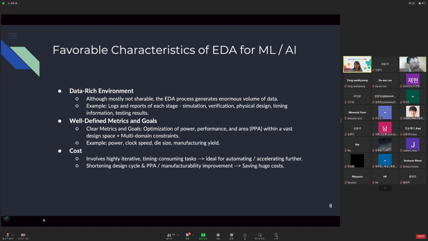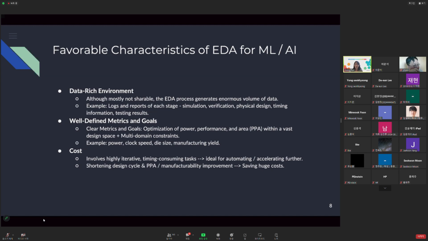Because this EDA itself is based on software. So although mostly not shareable, the EDA process itself generates an enormous volume of data. From each of those stages, simulation, verification, those will generate a lot of logs and reports.